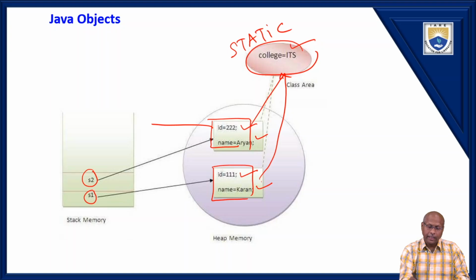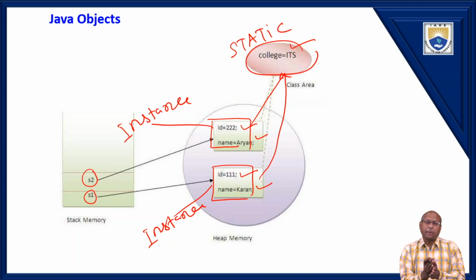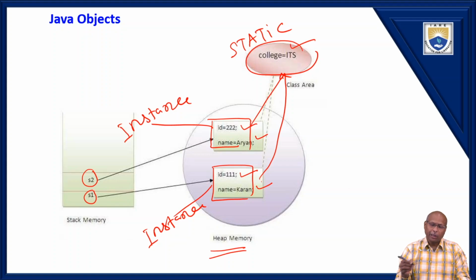These are all non-static area or instance area. So this is the diagrammatic representation, and this part is part of heap memory, because dynamically when you are creating an object, whenever you use the new operator, automatically memory will be allocated in the heap area. I hope it is clear. This is the way memory is organized for static as well as non-static variables.